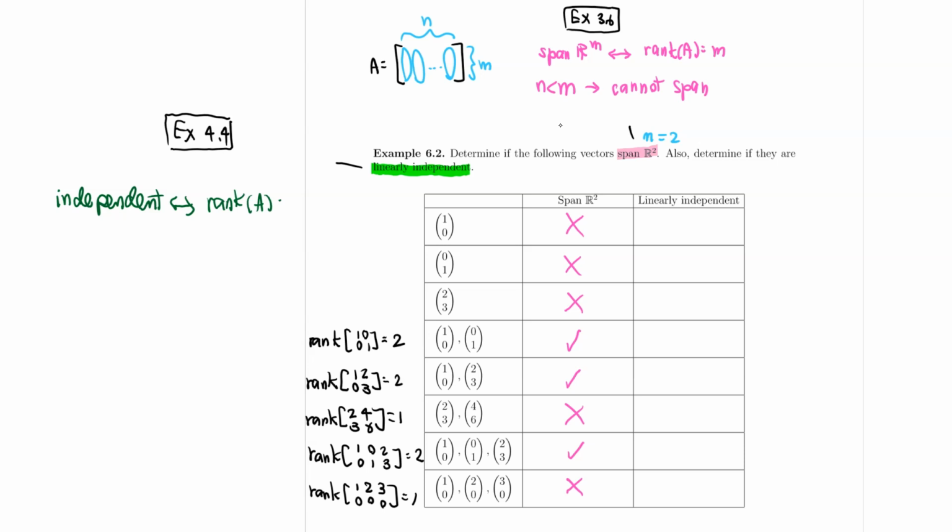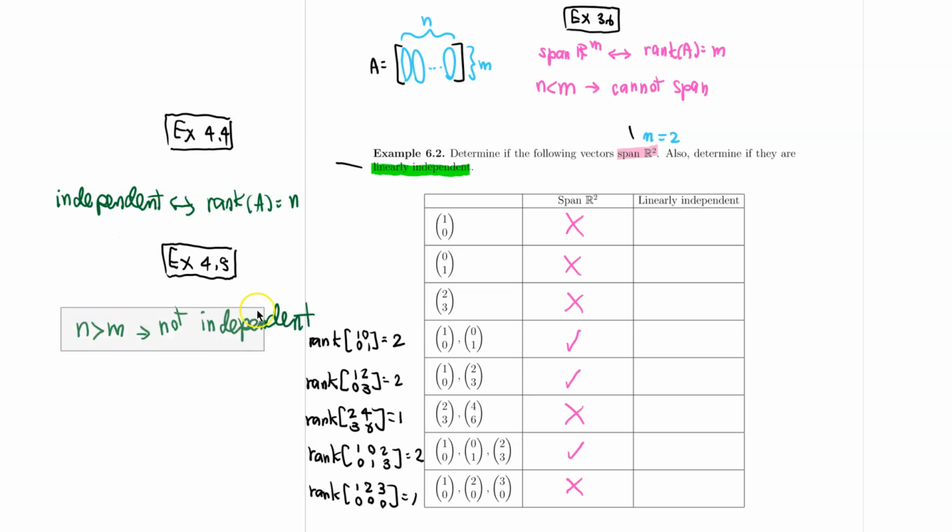We also knew from the next example, example 4.5, that if I have too many vectors, if n is greater than m, then my vectors are not going to be independent for sure.